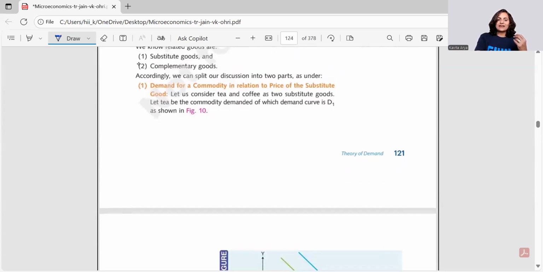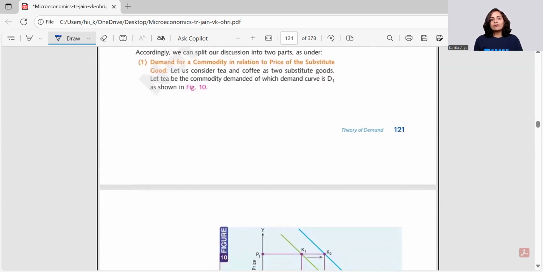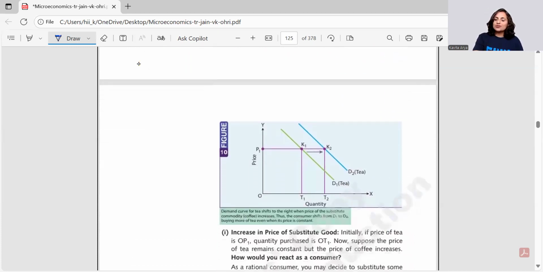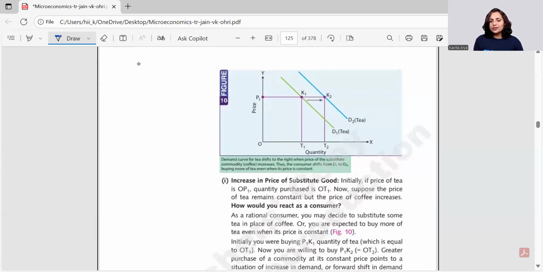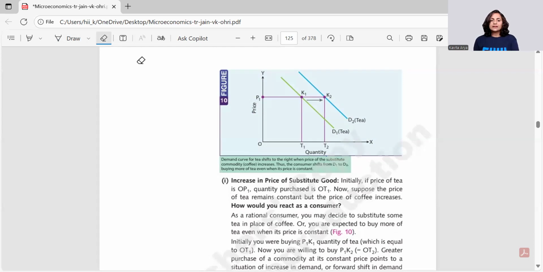So let's explain how the demand of a commodity in relation to the price of a substitute good behaves. We have seen that substitutes show the same direction. Means how do we show it pictorially? In this diagram, it's very much clear we're talking about the substitute goods, tea and coffee.